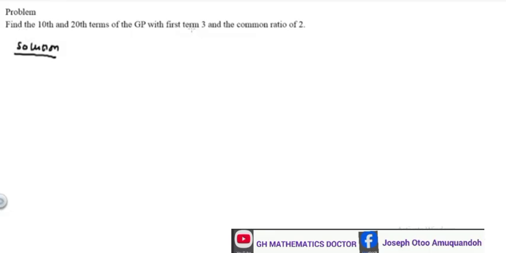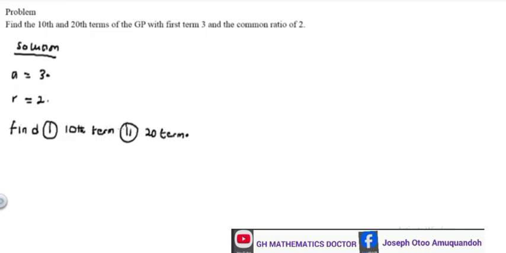Just pay attention to what the question is giving us, and we write our first term that is given as 3 in the question, and the common ratio is 2. We need the 10th term and the 20th term according to the question.